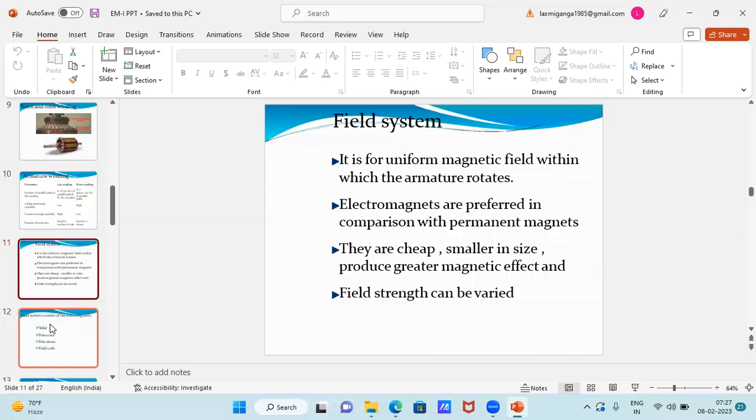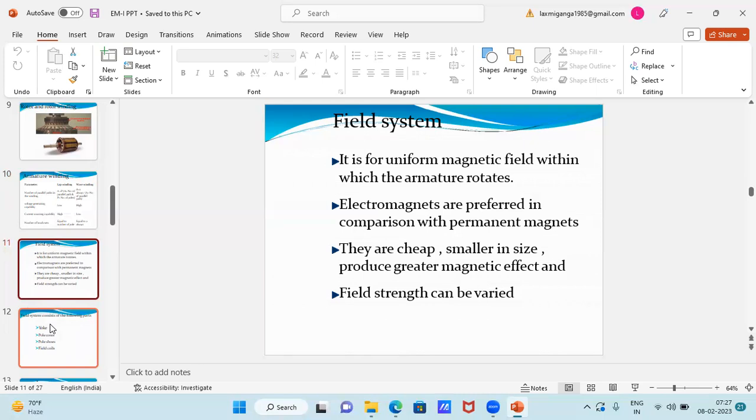The main important parts: one of the parts is the field system. It is for producing a uniform magnetic field within which the armature rotates. Electromagnets are preferred in comparison with permanent magnets.